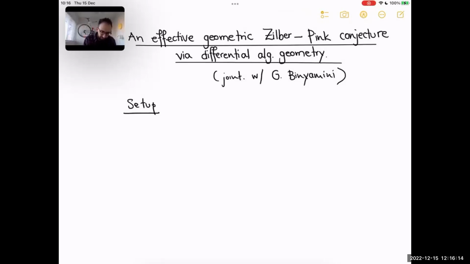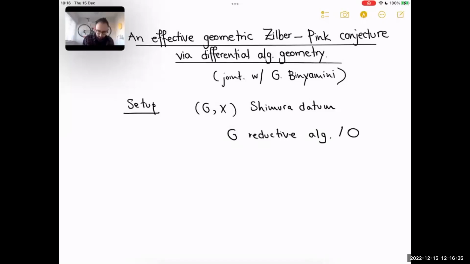So I need to fix for my talk a Shimura datum. Just to remind you, what I mean there is that G is a reductive algebraic group over Q. And just to make things simple, X will just be a Hermitian symmetric domain.